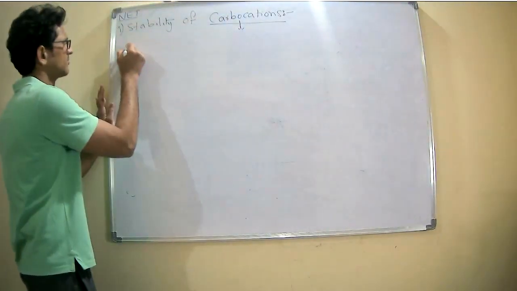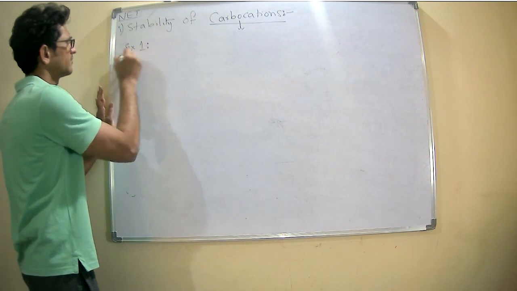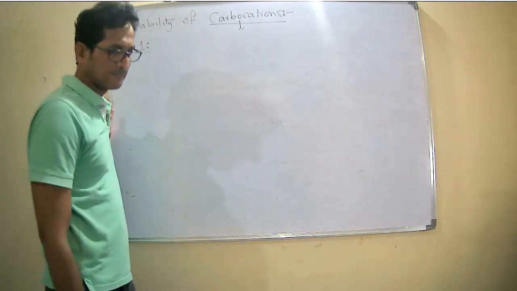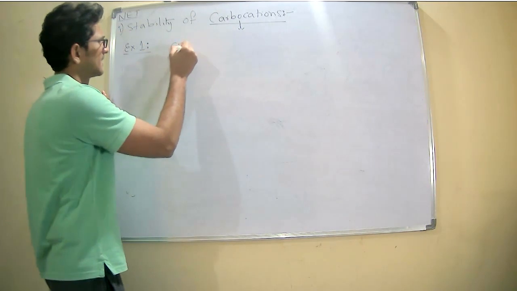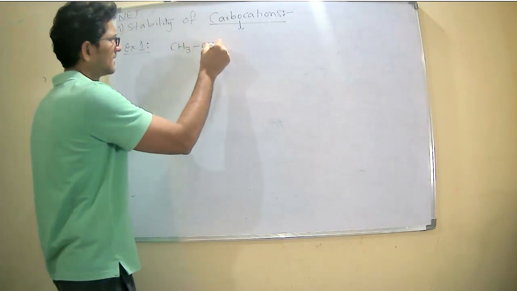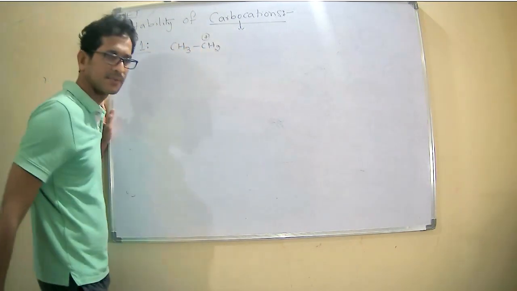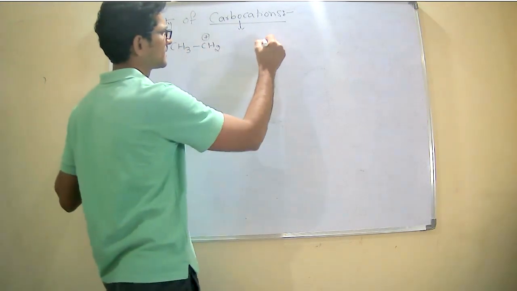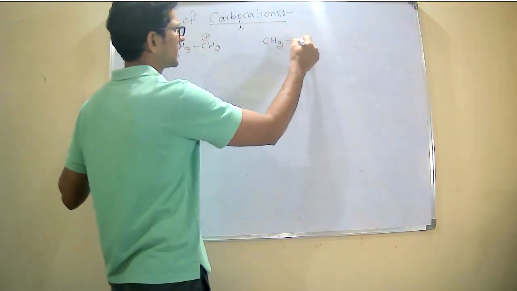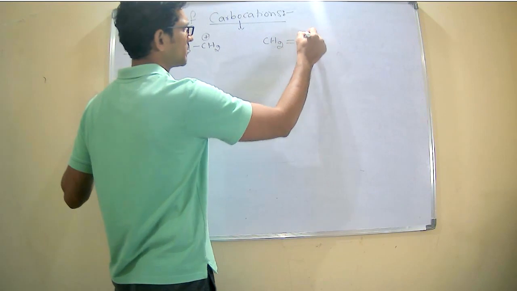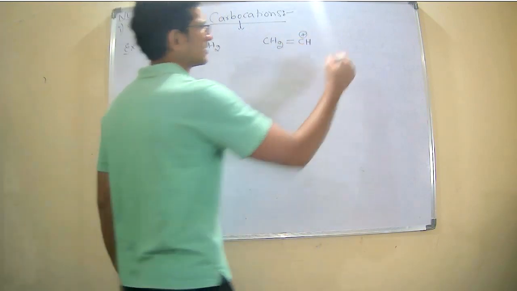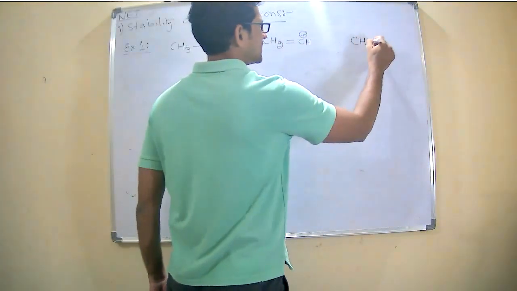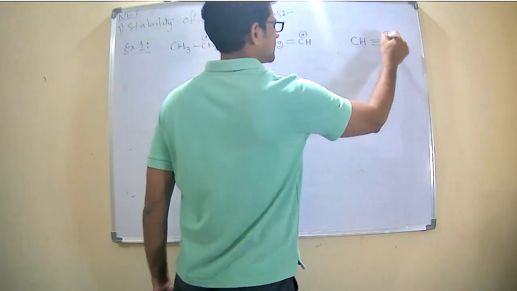Example 1. CH3CH2 plus. Next, CH2=CH plus. Third one, CH≡C plus.